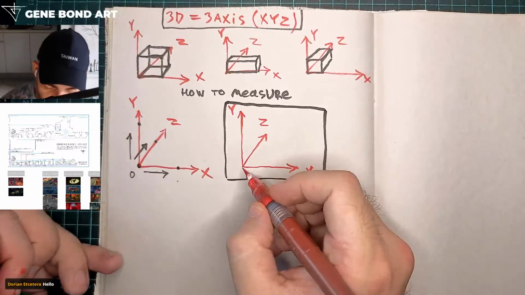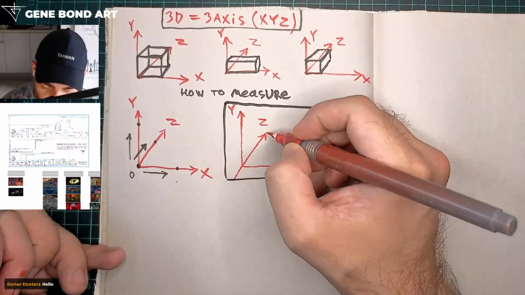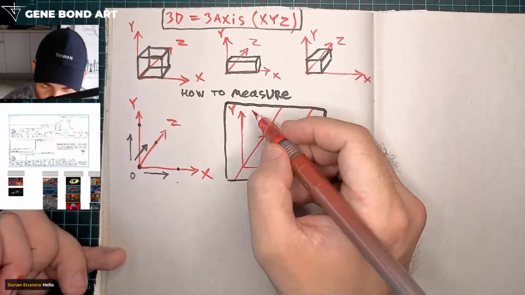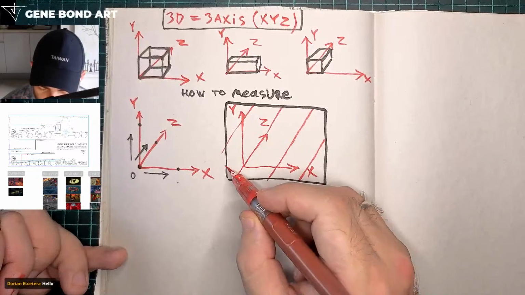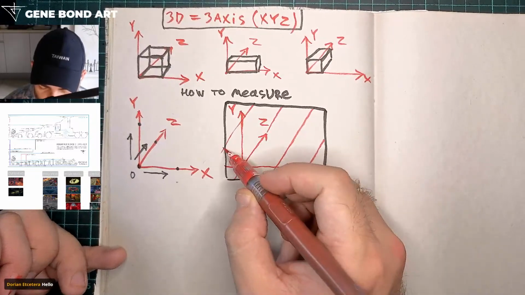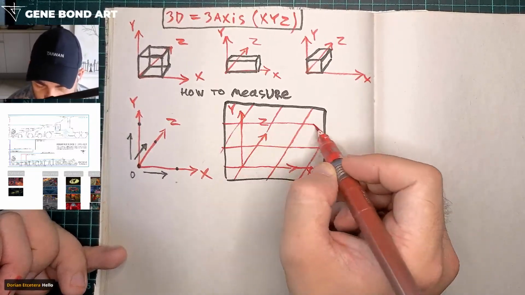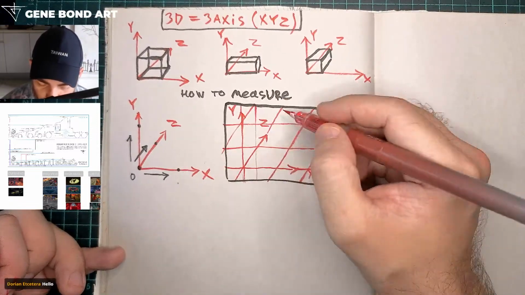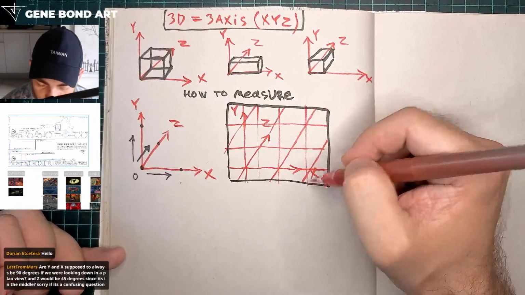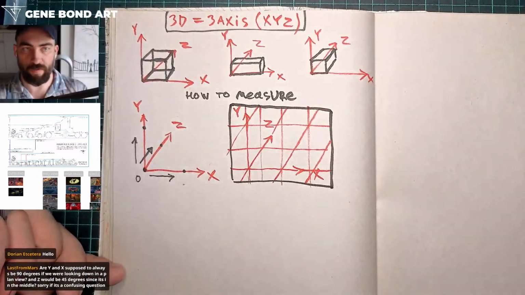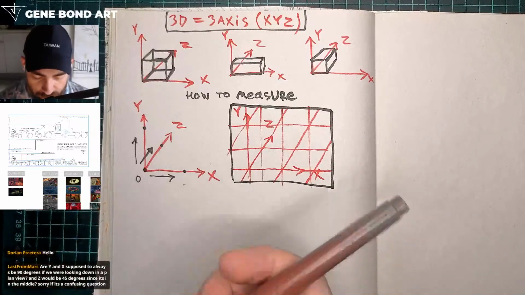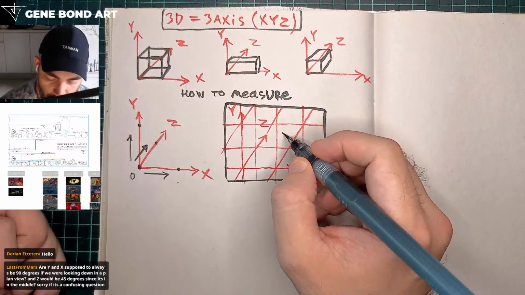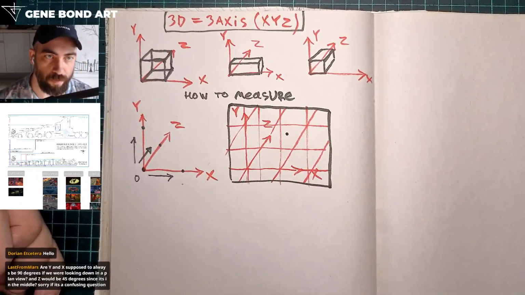It means every line behaves the same in the whole picture, right? So y is parallel to y, z will always have this z direction, and x will always have this x direction. And let's say I just drop a random point here.